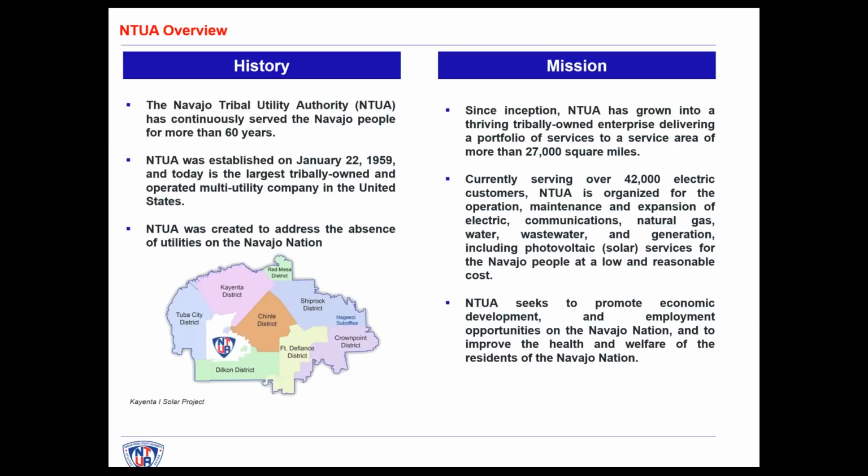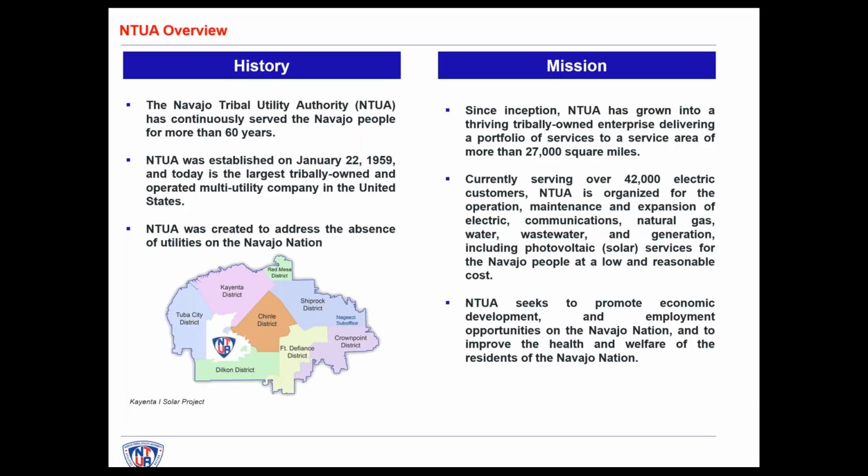So I'd like to just give you a little bit of an overview of the Navajo Tribal Utility Authority, known as NTUA. We were established in 1959 to address the absence, essentially, of utilities on Navajo Nation. We've grown into a thriving tribally owned enterprise, delivering a portfolio of service to a service area of more than 27,000 square miles. That is, put in perspective, the size of West Virginia.